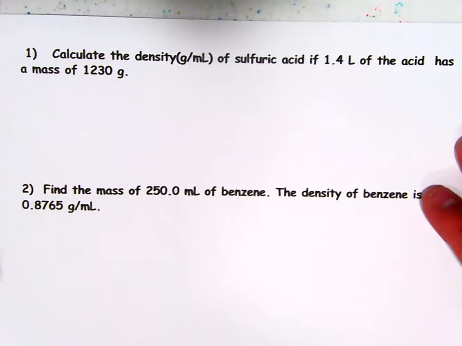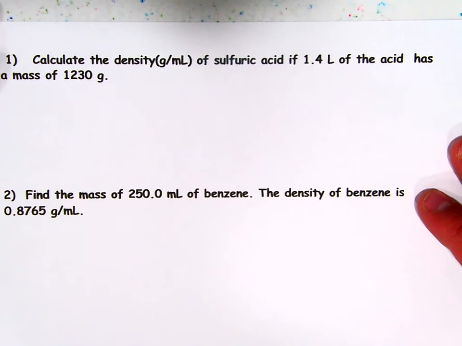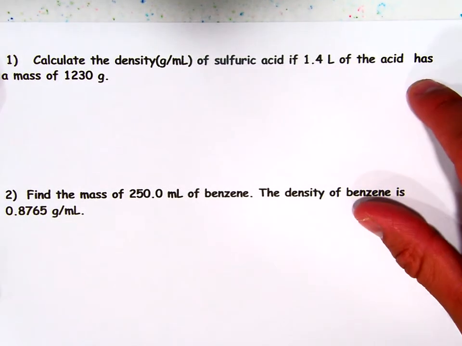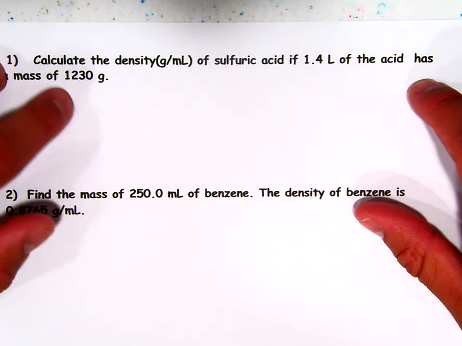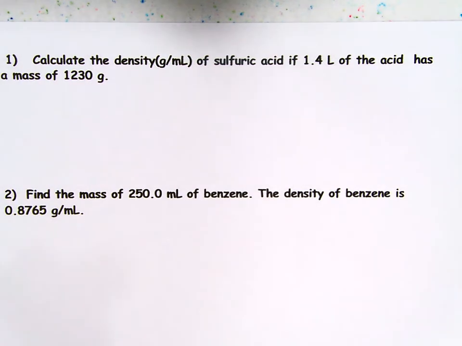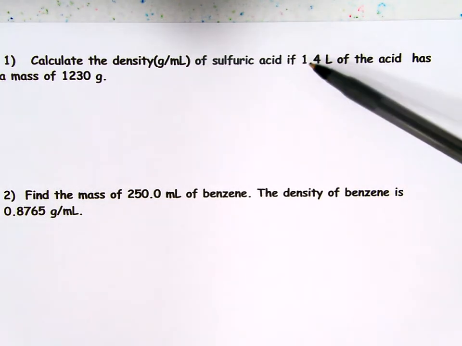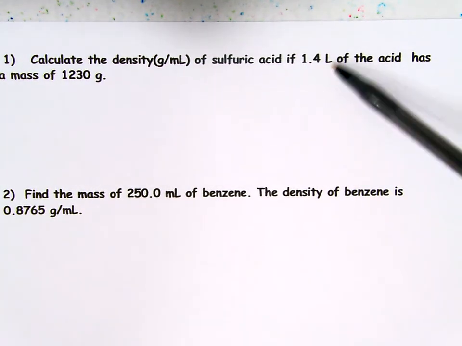The first problem tells me to calculate the density of sulfuric acid if 1.4 liters of acid has a mass of 2,030 grams. If you notice, I could just plug it in and go mass divided by volume. This is my volume, but it's in liters.